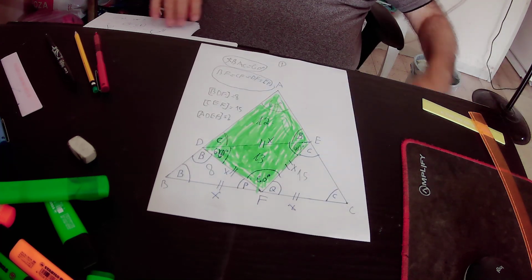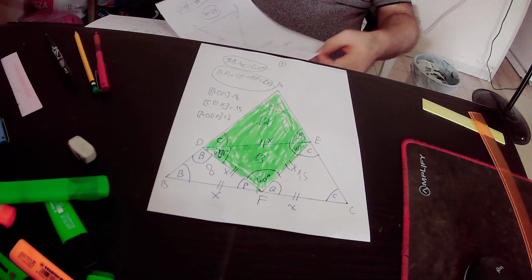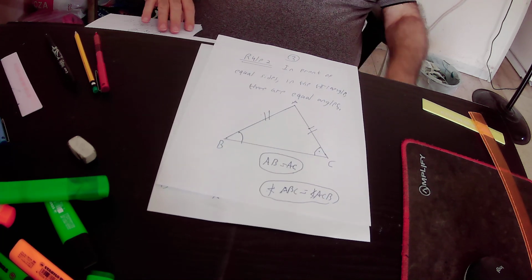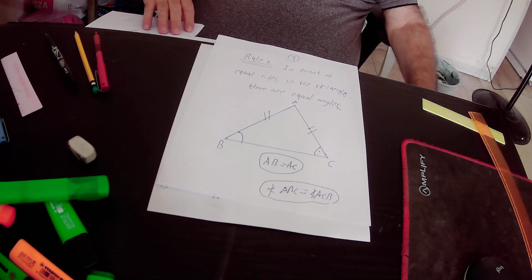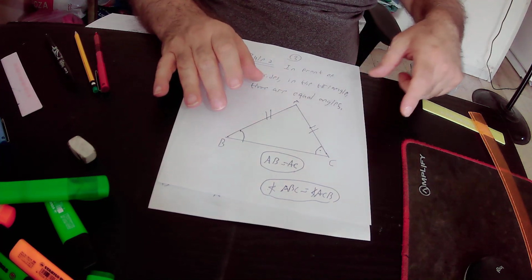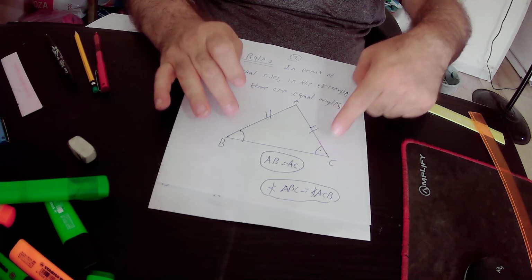Okay, and then we have rule number 2 that states that in front of equal sides in the triangle there are equal angles. So if AB equals AC, then angle ABC equals angle ACB.